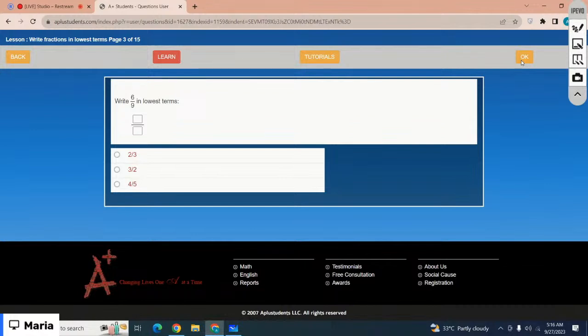Write 6 by 9 in lowest terms. So which is the correct option?